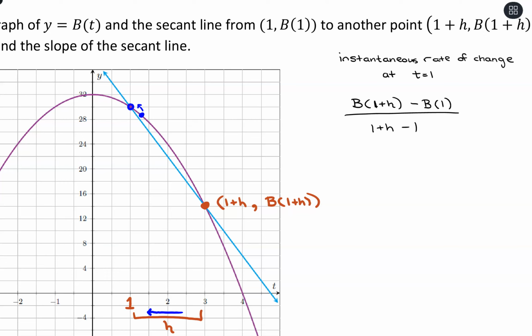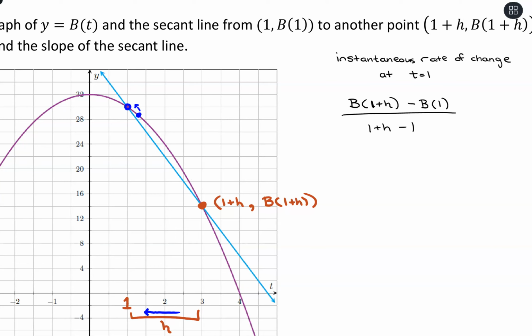And then what we could do is start simplifying that. And that would give us our slope of the secant line from 1 to some second coordinate. And what we could do is start making that secant line closer and closer to t equals 1 to start getting an idea of what's the slope that's occurring at exactly 1.